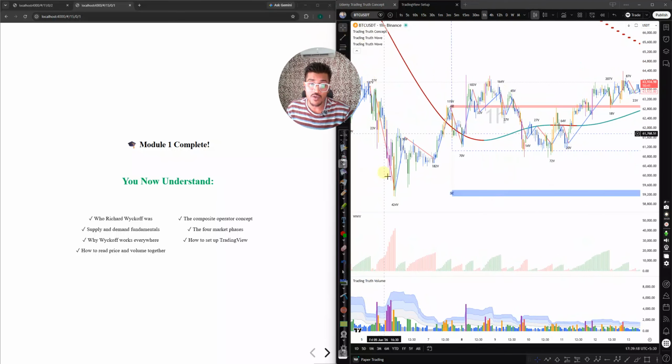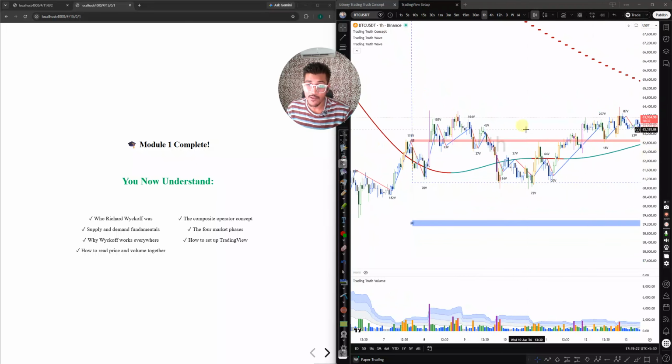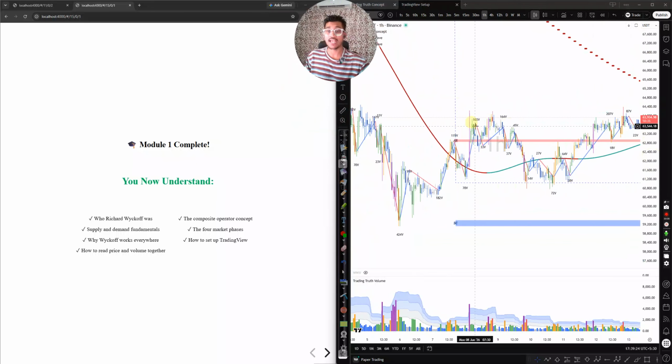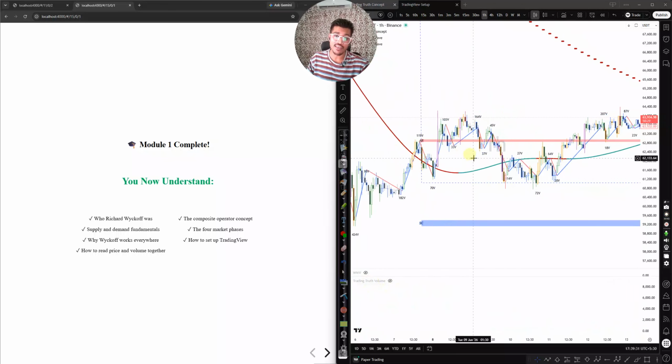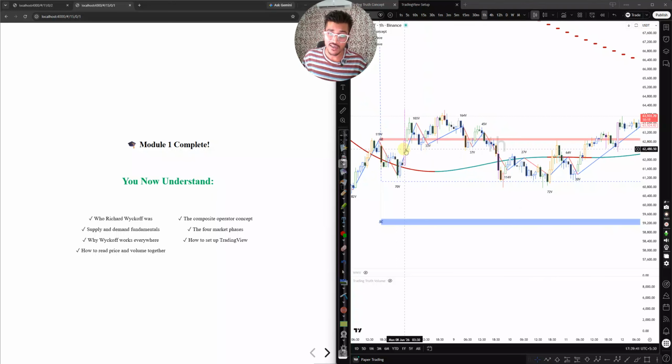Okay, you can see how to read price and volume together. Even if you remove this one now, it all makes sense. Okay, because we are actually combining volume and price together. This you can also remove, because now you can see the color of the candle. Okay, how big that move was, like, was there an institutional buyer or seller, like you see here?